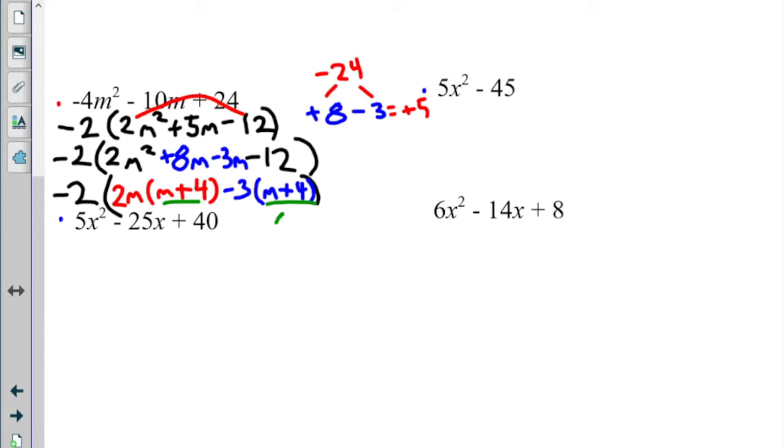So that means we can take the m plus 4 out. And when we take the m plus 4 out, in this first group, we're left with a 2m. In the second group, we're left with a minus 3.